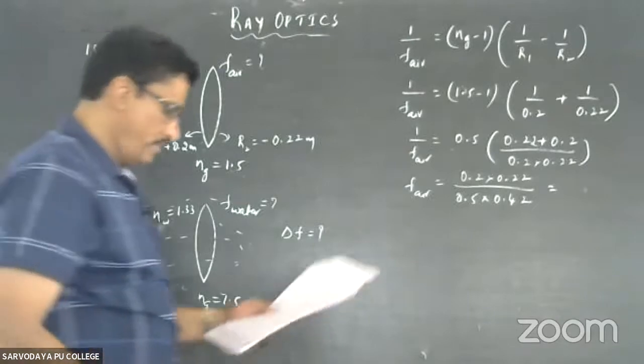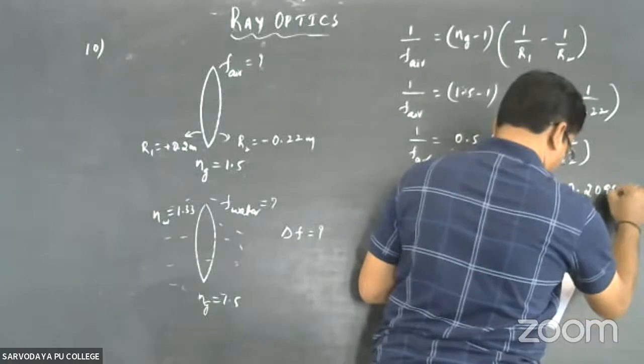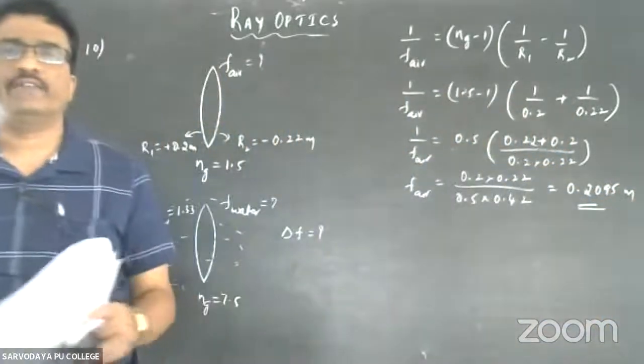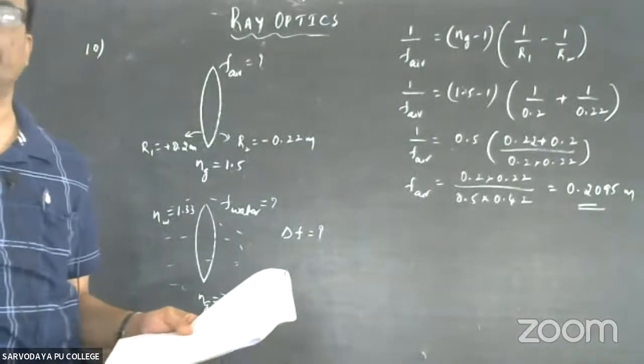On simplification, we get 0.2095 meter. This is the focal length of the given lens in air.